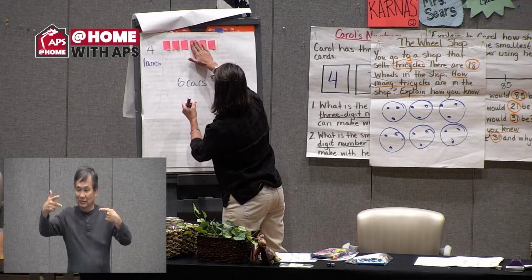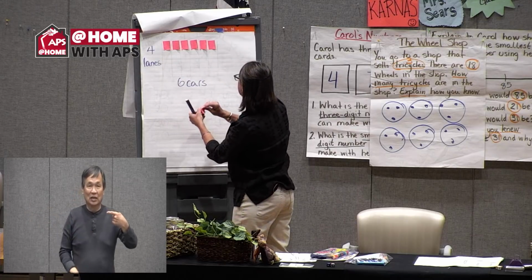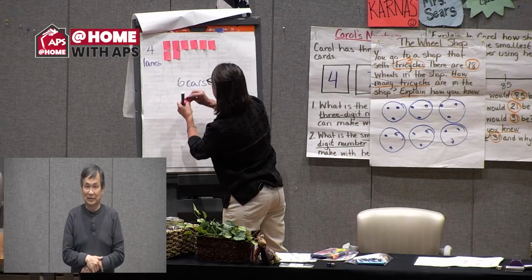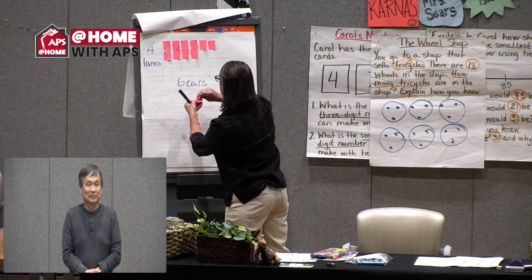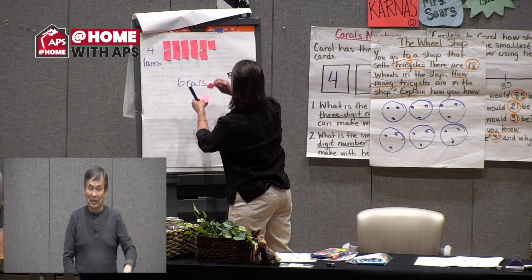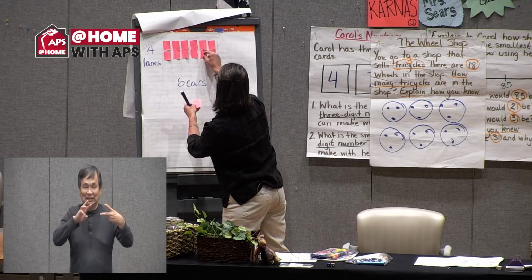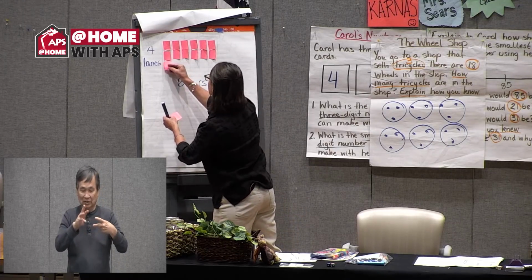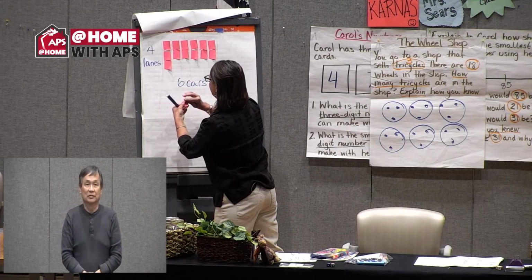So there's one row of 6 cars. Two rows of 6 cars. I'm hurrying, my array is a little sloppy. So we're at 12. And we continue to build our array.